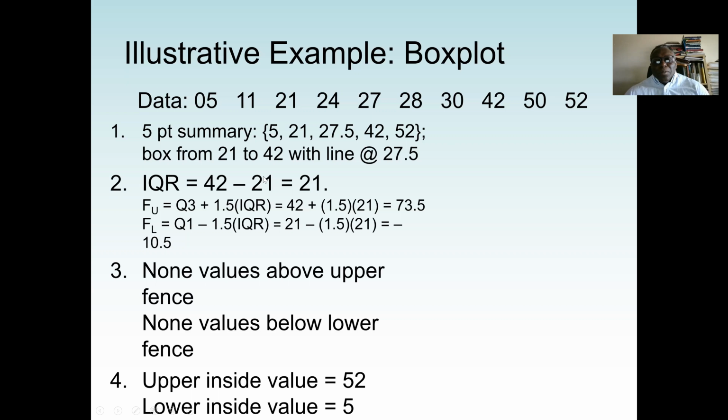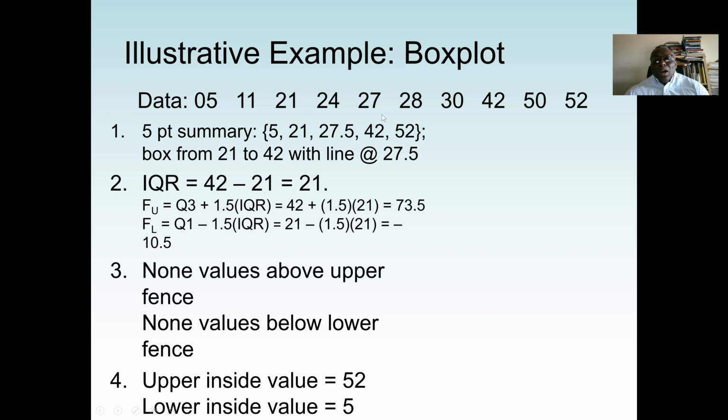Then the 5-point summary means we need to find the median. In this data set, 1, 2, 3, 4, 5, we have 10 data values. So the median will be 27 plus 28 divided by 2, which will be the Q2 or the median. We need it for the box plot. That will be the middle line in the box.